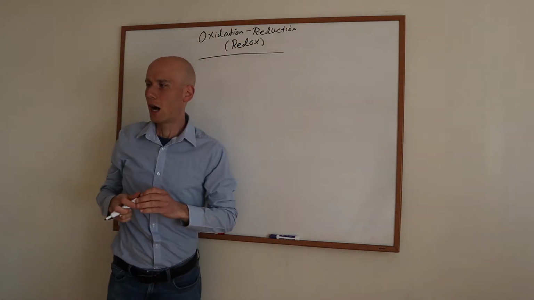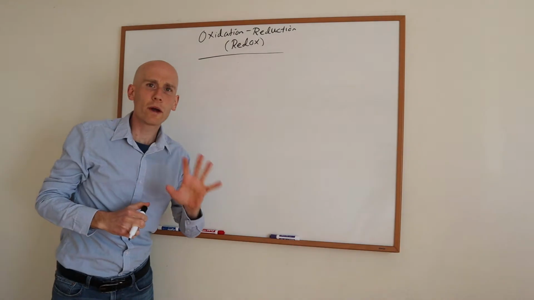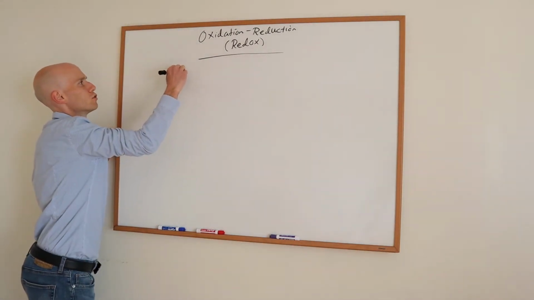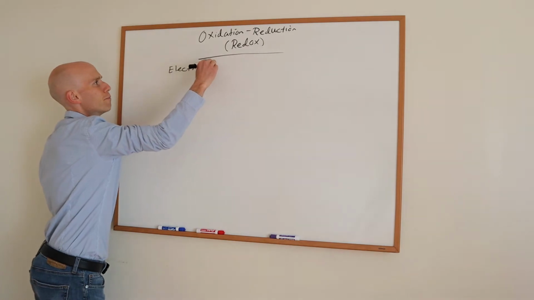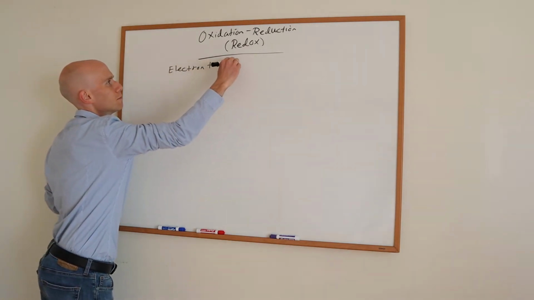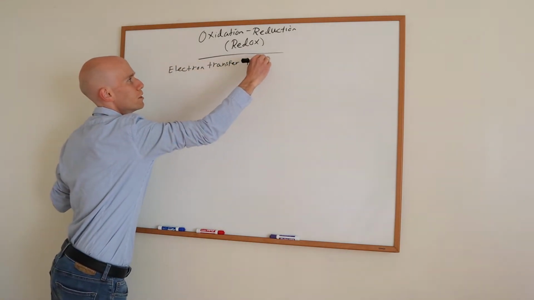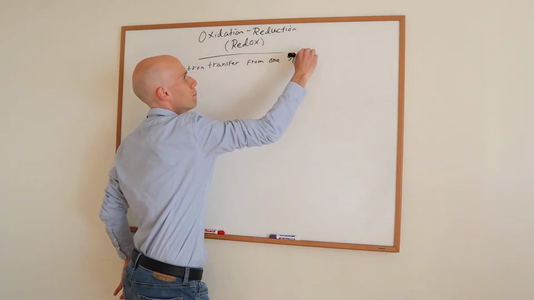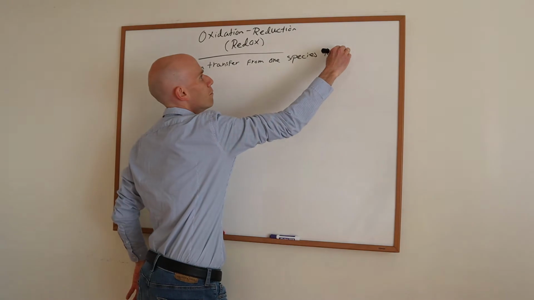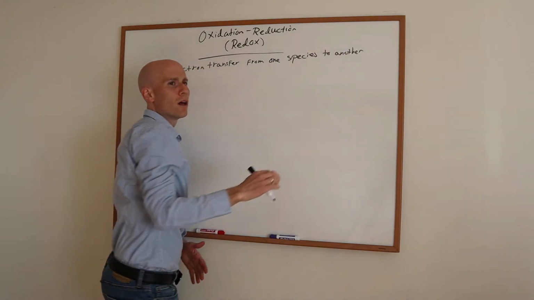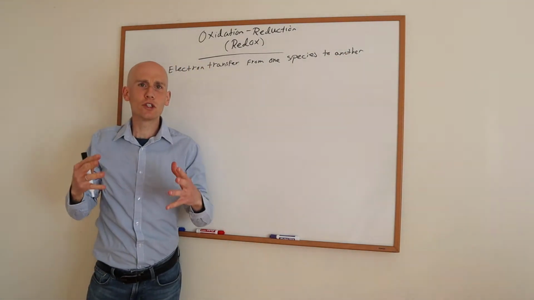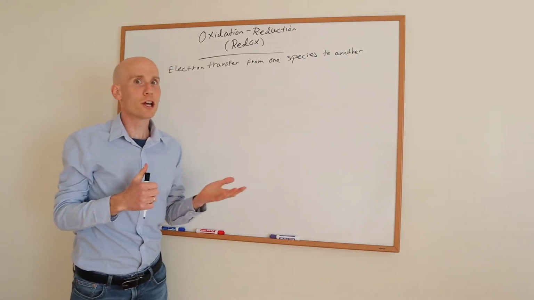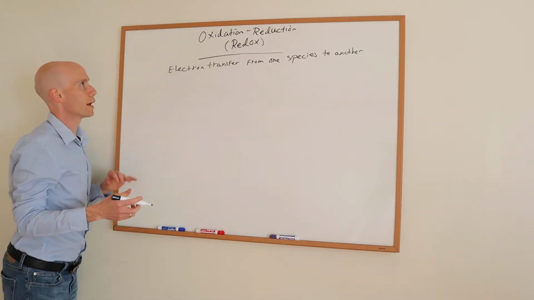A quick definition for this is just an electron transfer from one species to another. If you see reactions where there is an electron transfer, chances are it's a redox reaction.